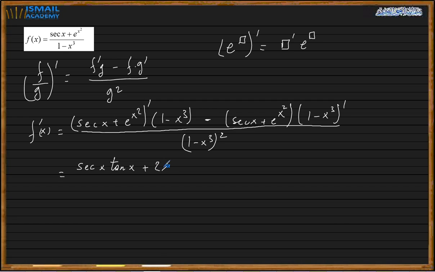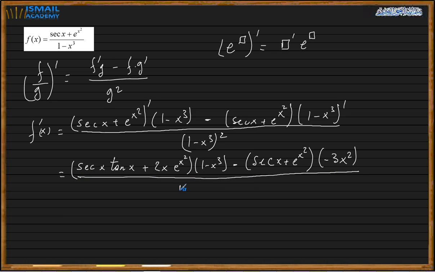So it's going to be 2x e to the x squared, because here the exponent is x squared, the derivative of x squared is 2x, so times e to the x squared, times (1 minus x cubed), minus, and we do the derivative of the second part, (secant x plus e to the x squared), and the derivative of 1 is 0, so it's going to be minus 3x squared, and the whole thing will be over (1 minus x cubed) squared. Because they don't ask to simplify, we'll keep it like that.